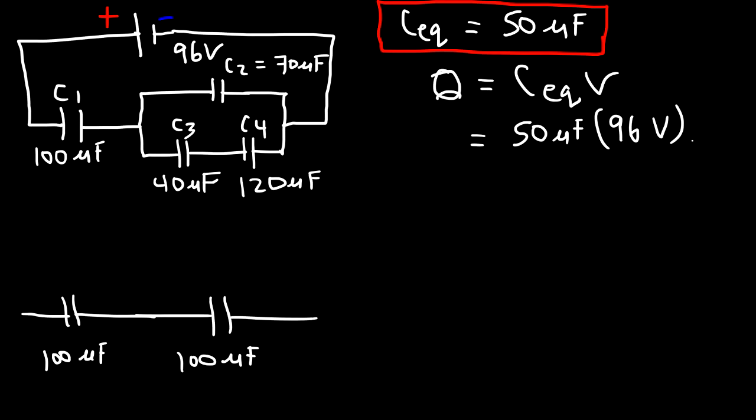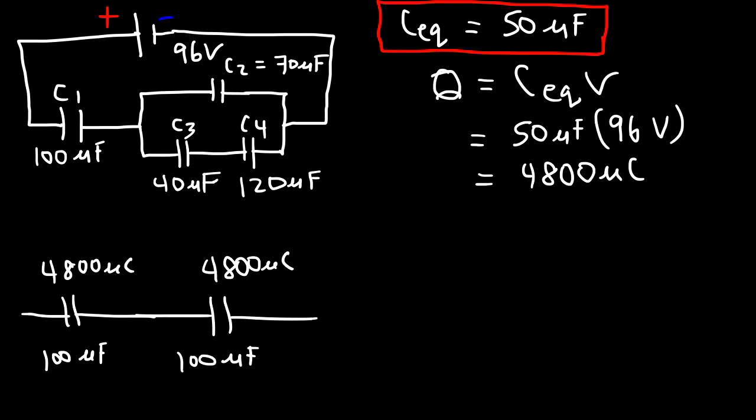So let's go ahead and take 50 and multiply by 96. So this is going to be 4,800 microcoulombs, because this was in microfarads. So this is 4,800 microcoulombs, and this is also 4,800 microcoulombs. So we have the value for C1. We can write it here.